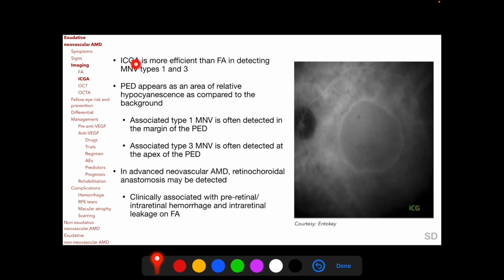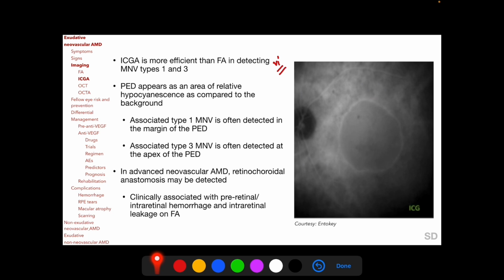So ICGA is more efficient than fluorescent angiogram in detecting MNV types 1 and 3, and this is important to note. And as we have mentioned, pigment epithelial detachments appear as an area of relative hypocyanescence on ICGA as compared to the background.